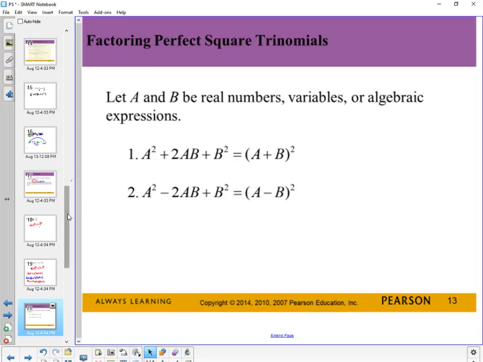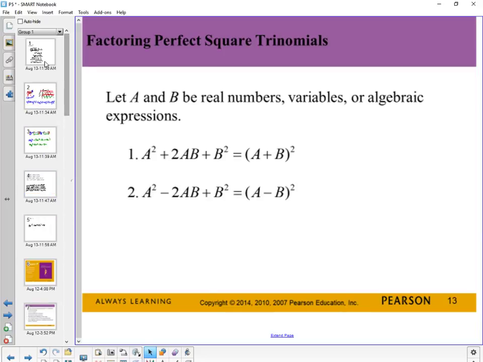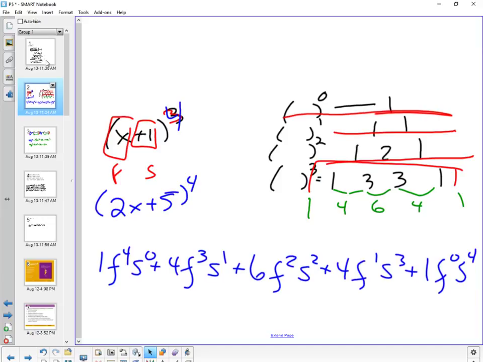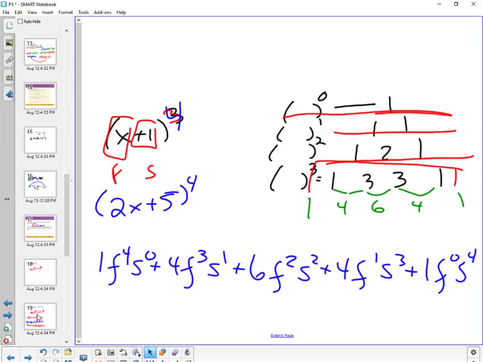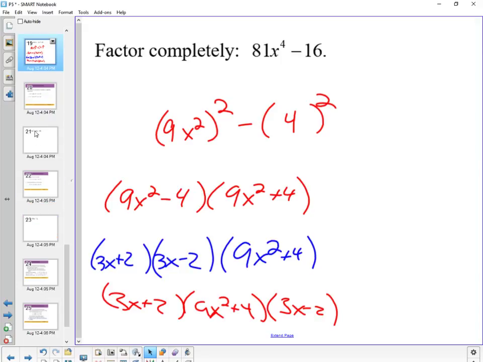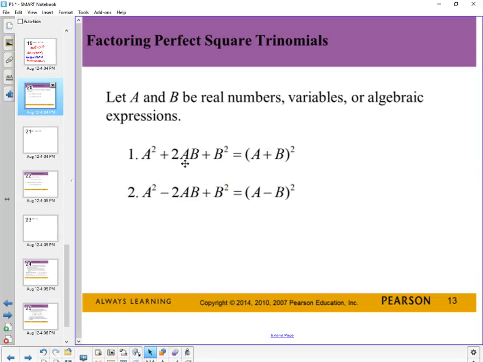A to the second, B to the second. 1, 2, 1. 1, 2, 1. So they're just Pascal's numbers.